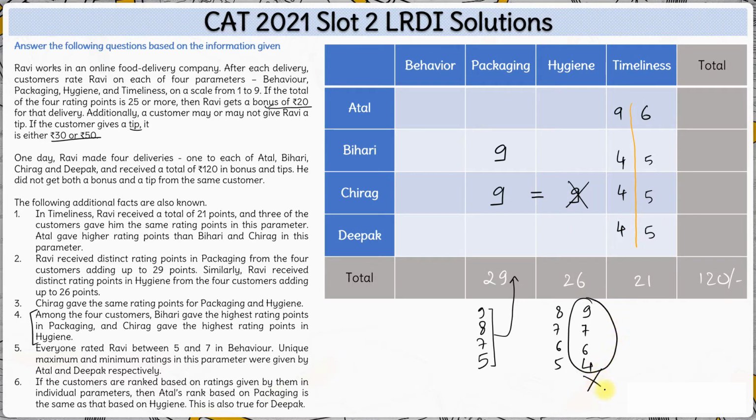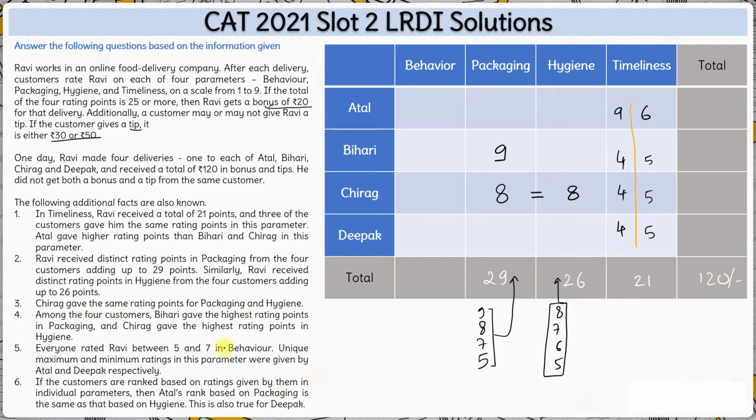Hence, this case is rejected, where the sum is 26. That means the highest rating for hygiene will be 8 points. Hence, this is the case that we will be accepting. So we'll have Chirag giving a rating of 8 in packaging and hygiene. Fine. Okay, so you can just remove this.